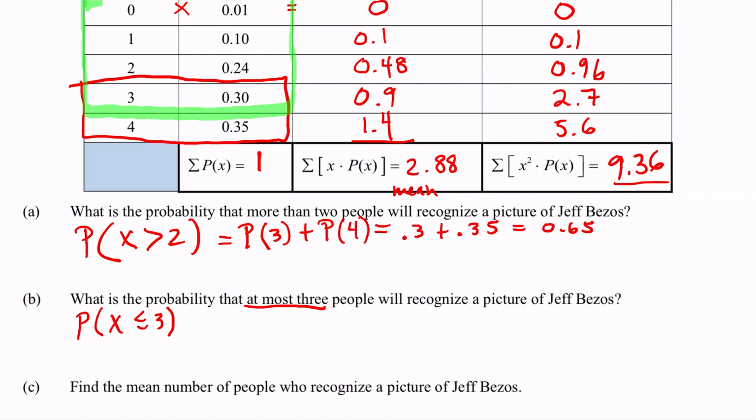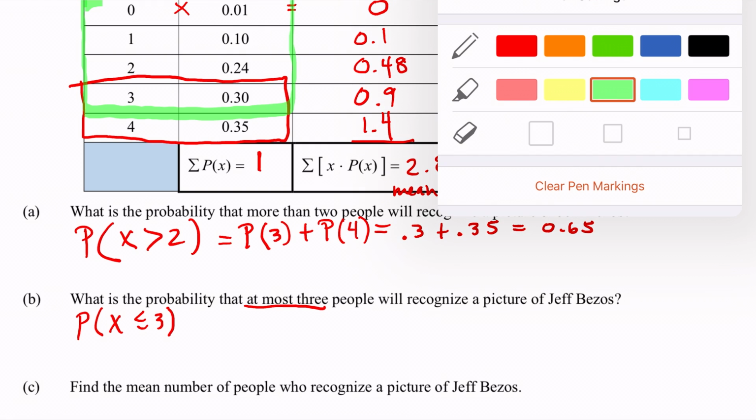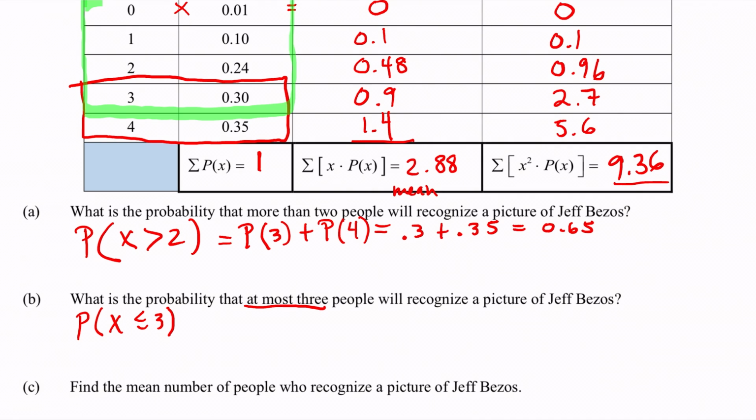But if we're clever, we can just use the complement. In other words, we can think of this as 1 minus the probability that exactly 4 recognize him. That would be the complement of the event x is less than or equal to 3. So that's going to be an easier one to compute. We could just do 1 minus 0.35, and again, that leaves me with 0.65.